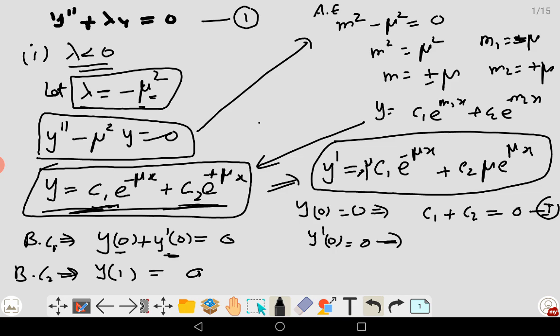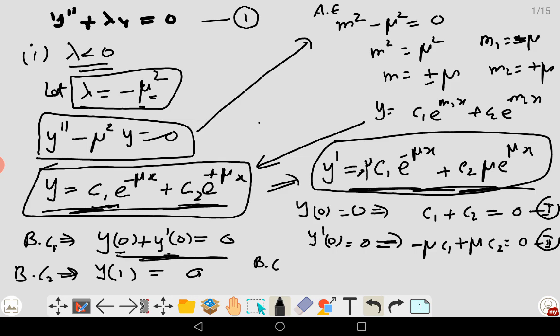What do you get? In this equation take x equal to 0: minus mu c1 plus mu c2 is 0. This is the second result. We have to club these two results because boundary condition 1 says the sum of these two is equal to 0.